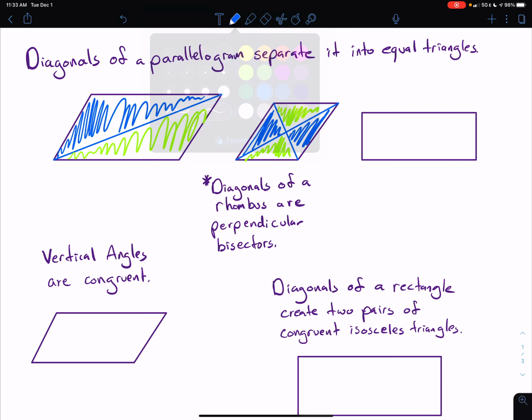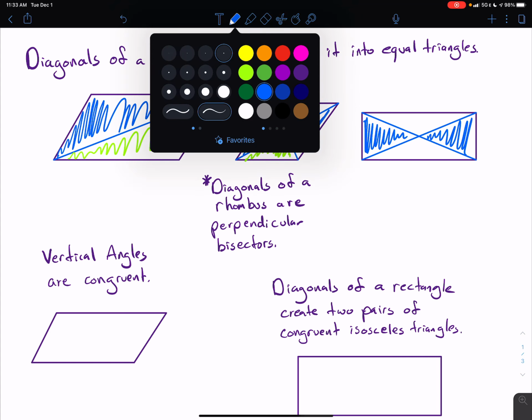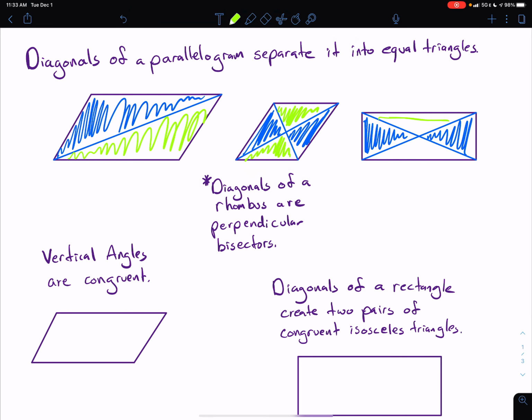Then on a rectangle, which is the same basic idea, those are the same. So that'll come in handy.